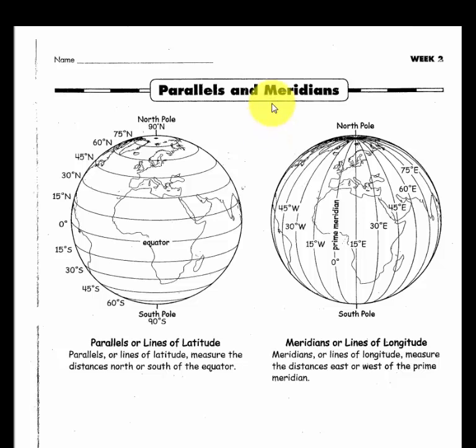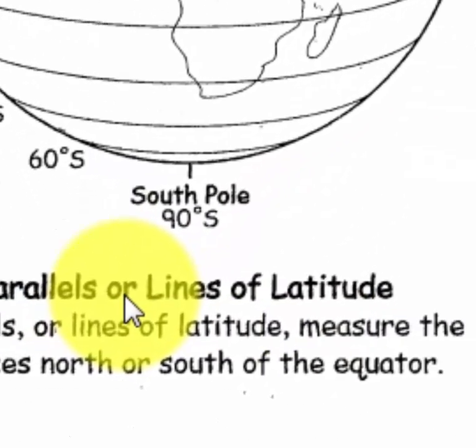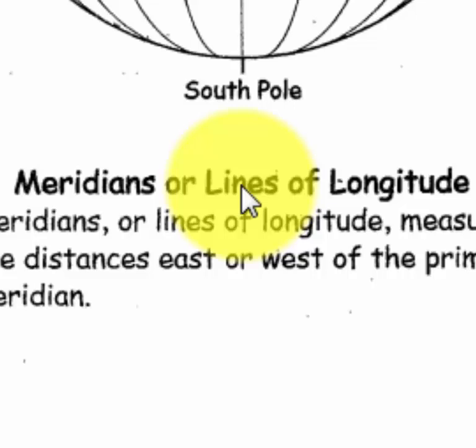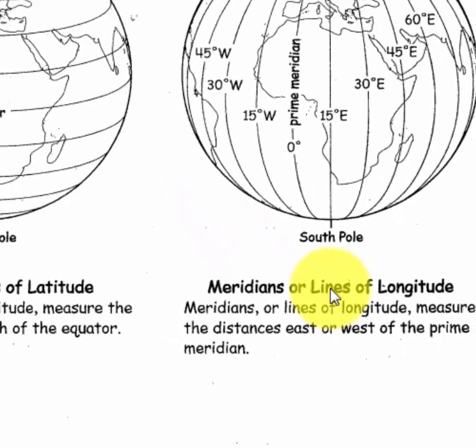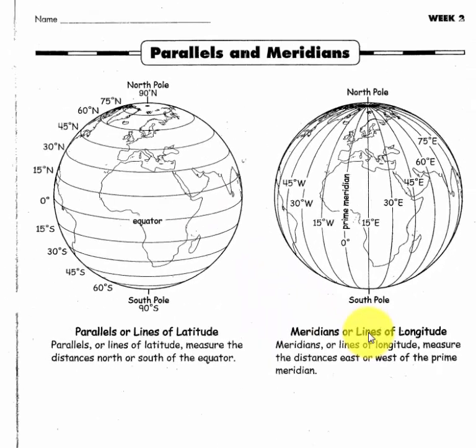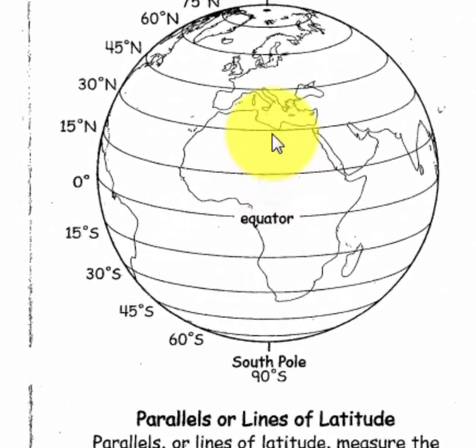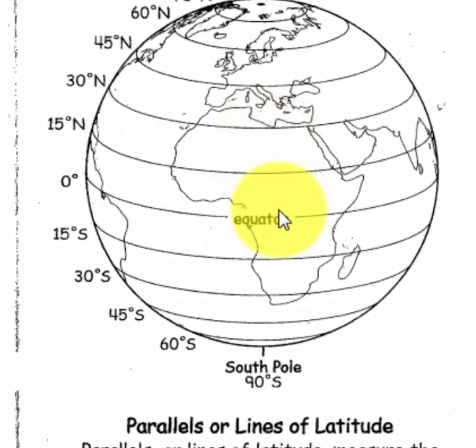So, parallels and meridians, also known as lines of latitude or lines of longitude. So I've got parallels or lines of latitude here, meridians or lines of longitude there. So it's broken down into 2 different parts. And so if I've got a question about latitude, I am using this particular picture of the globe.